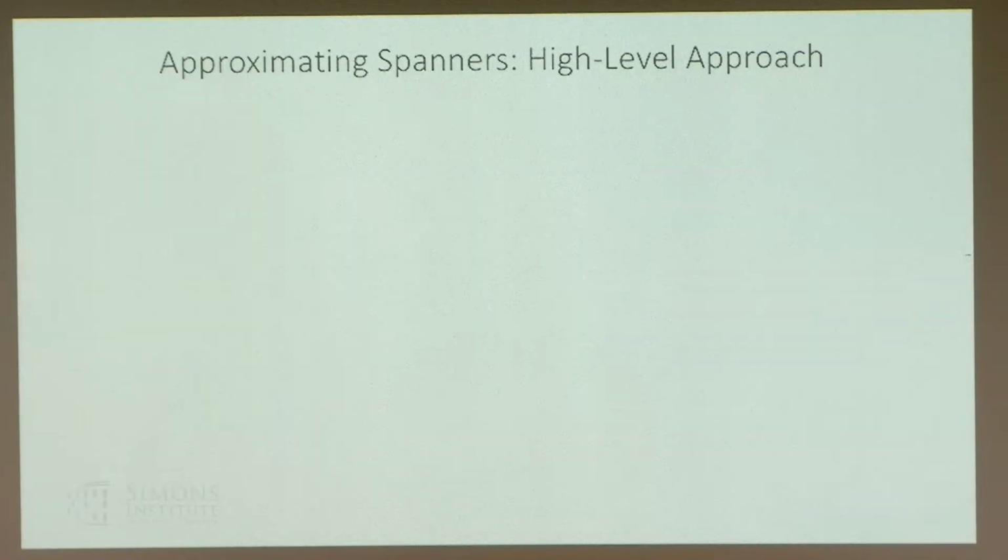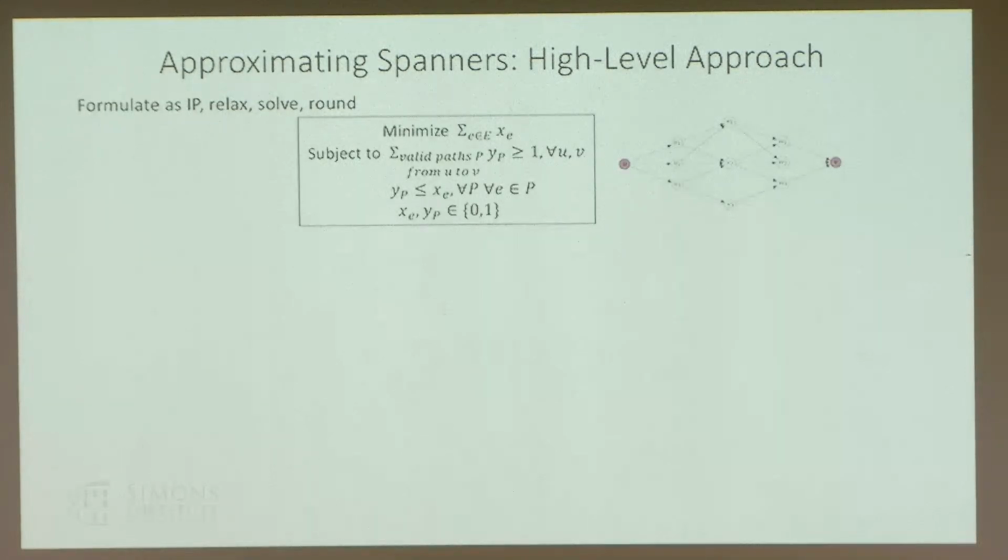Okay, so the very high level approach is what you might imagine. We're trying to solve some optimization problem. First thing you might think about is to try writing an LP for computing a minimum size spanner. So the variables would be, you have the x variables on the edges.